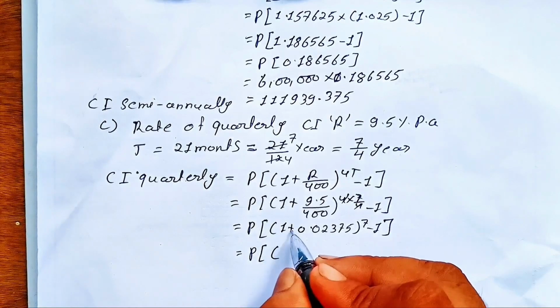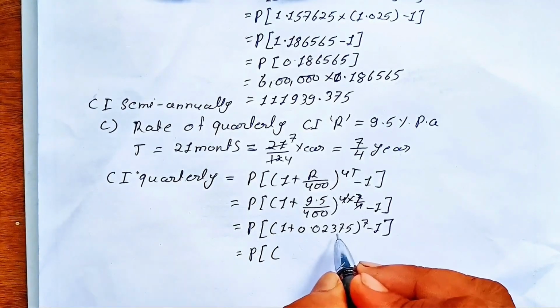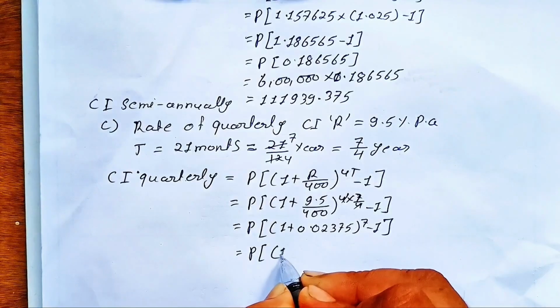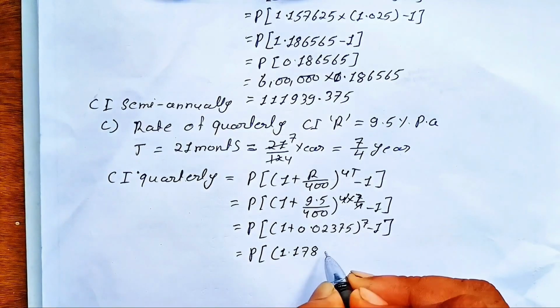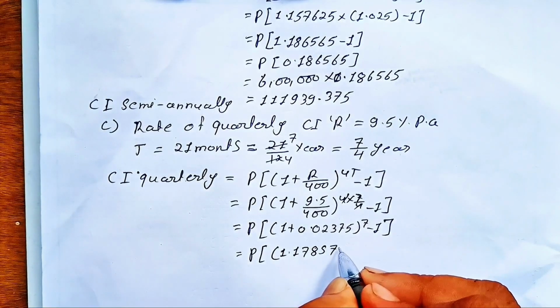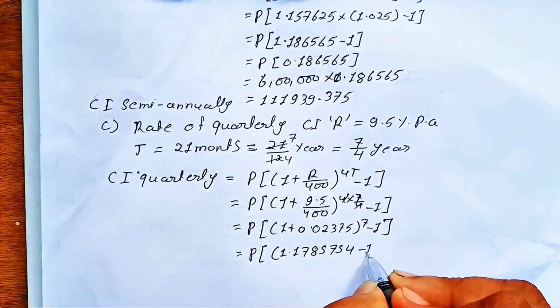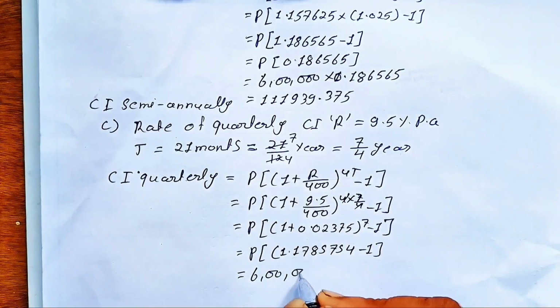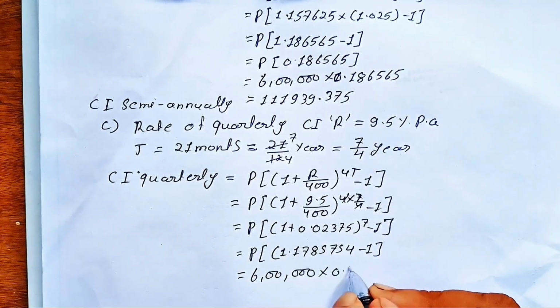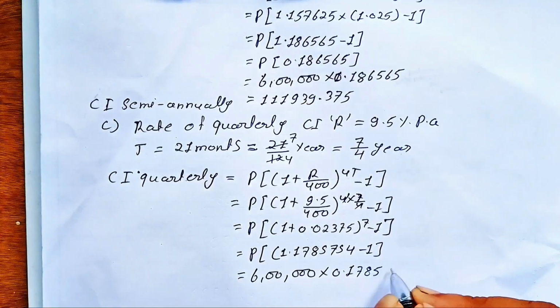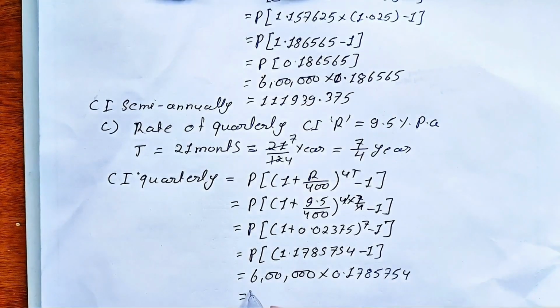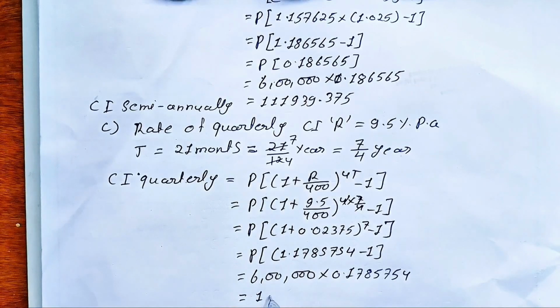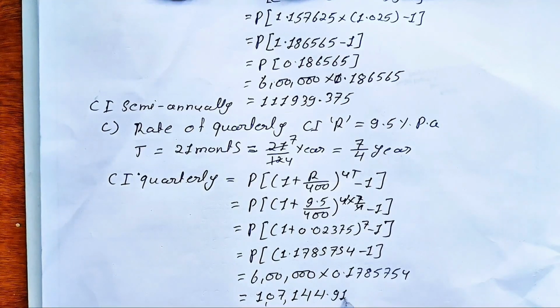Now here the 1 plus 0.02375 to the power 7 is 1.1785754 minus 1. So again the principal is 6 lakh into 0.1785754, and on multiplying it becomes 1,07,144.91 rupees.